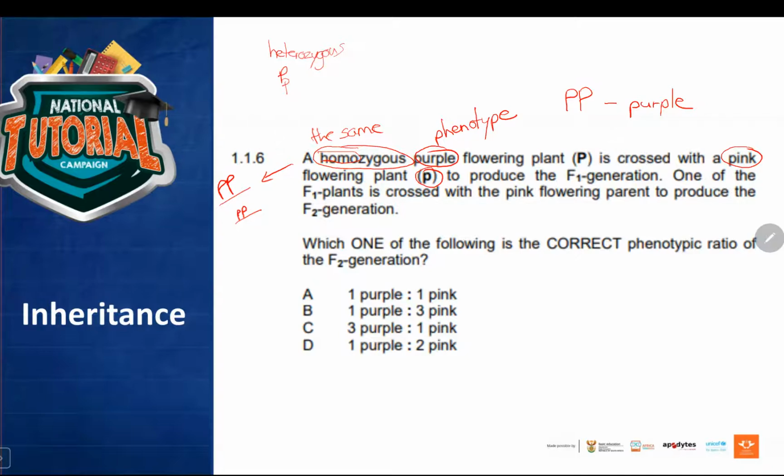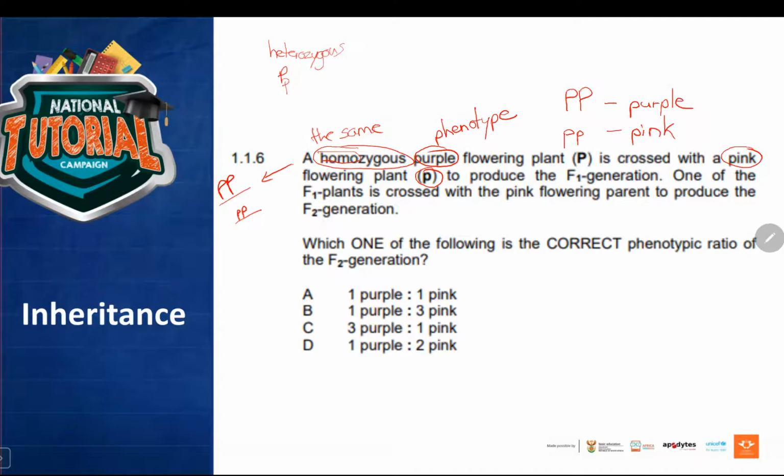The only way a recessive allele can be expressed is if there are two small letters, two of the same recessive alleles. That means this indicates to us that there are two small letter p's together that will give us pink as a phenotype. Cool, that was the first sentence.